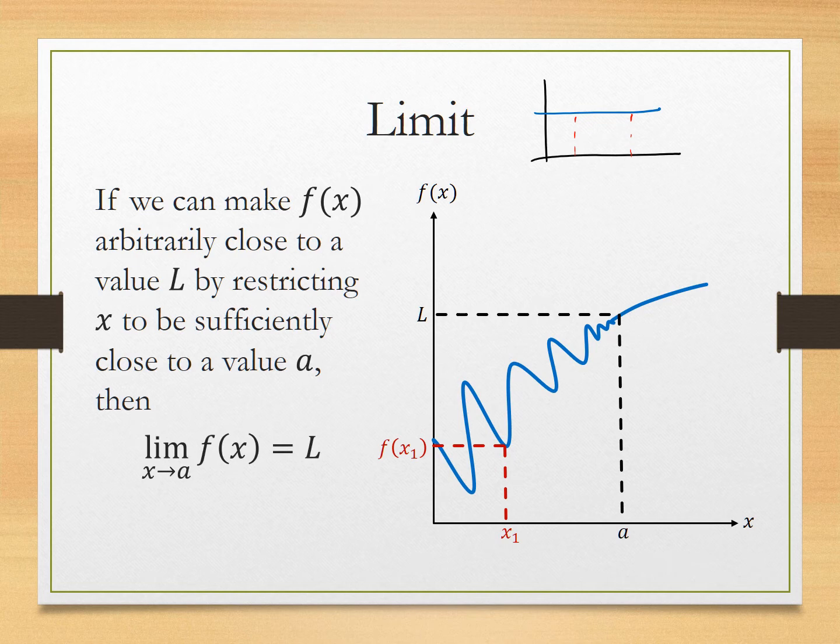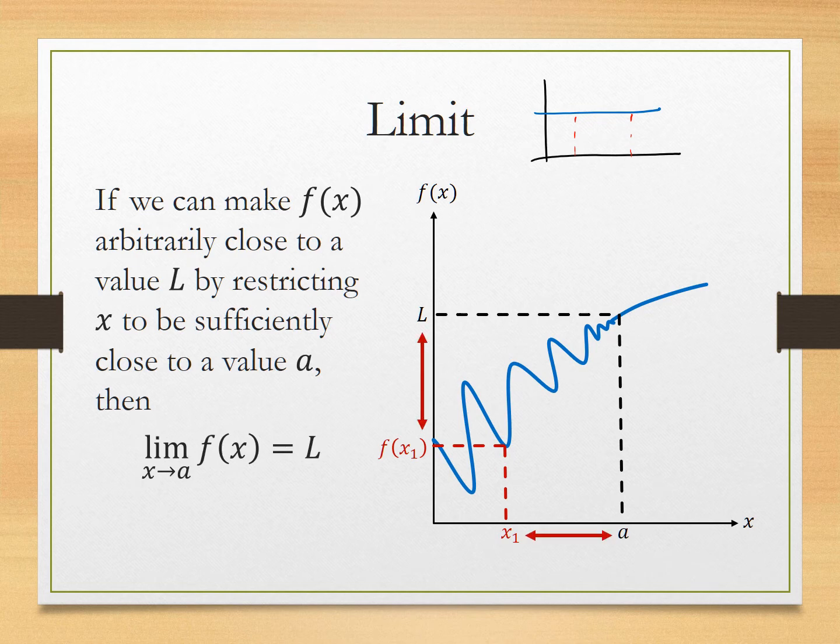But other than that, in a typical line or curve, when the x value is very far apart, there's no guarantee that the function will take on values that are very close by. So in this case, you can see that f of x1 is not close to L because x1 is nowhere close to a.